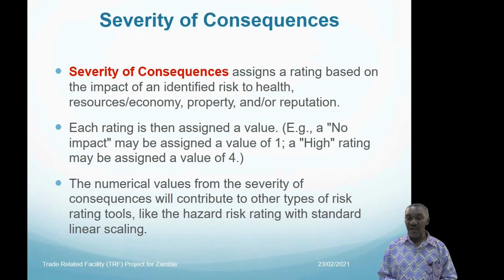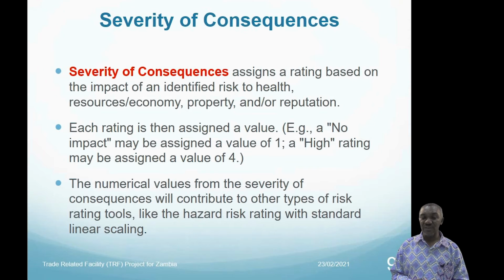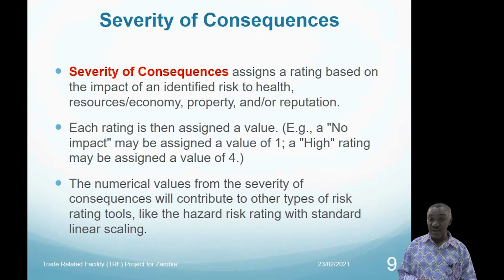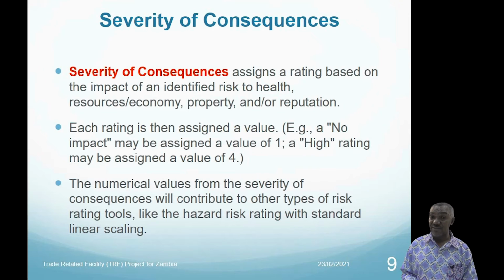So the other factor or element that is essential in determining risk is the magnitude of the consequences. The impact that this particular hazard will have on human health, and also not only human health, but also on the resources, either the company or the economy of the nation, and also the property or even the reputation of the company.